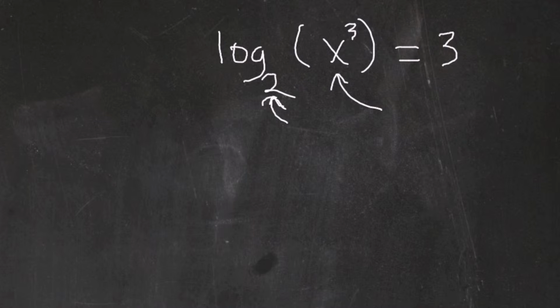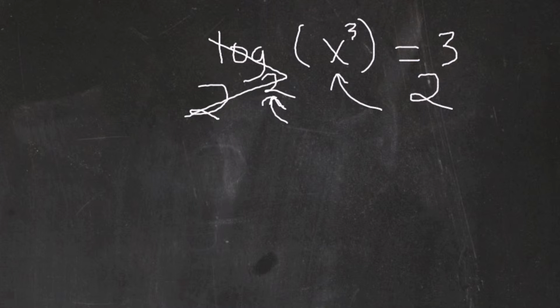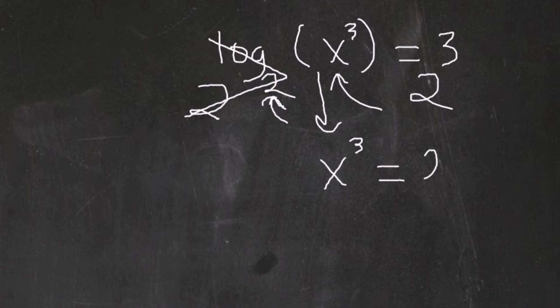So I'm going to take both sides and raise them with a base of 2. Now when we do this, the base of 2 and the log base of 2 cancel out, and what was left inside of the log gets dropped down, which is the x cubed. Now we have x cubed equals 2 cubed, right?